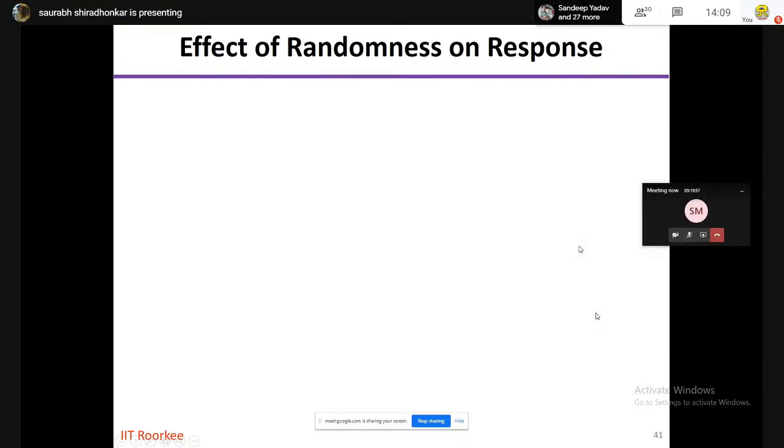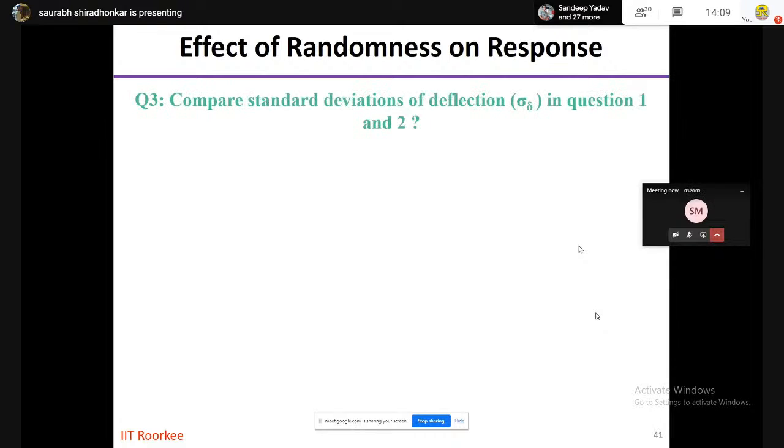Now the question is, if you compare the mean and standard deviation of deflection in question number 2 and question number 1, what do you think will happen if the load and modulus of elasticity both are random variables? Will it give the same mean? And if only modulus of elasticity is a random variable, will it give the same mean and same standard deviation?